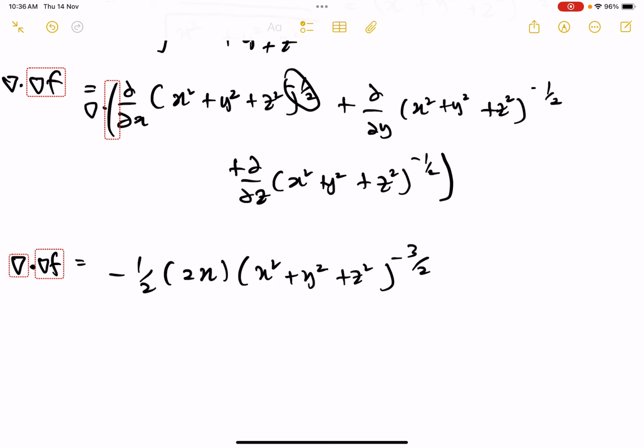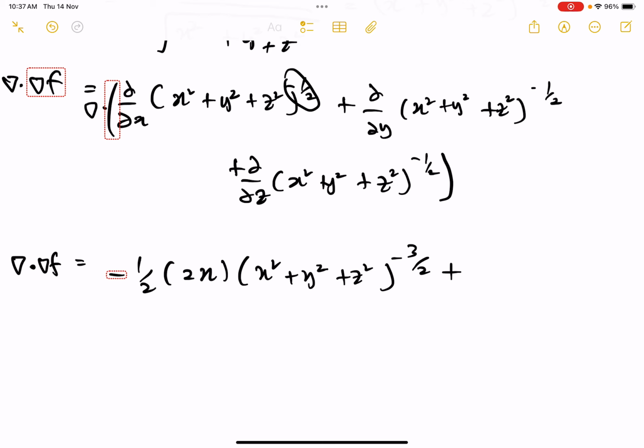Almost every single equation is the same, except we need to combine everything.